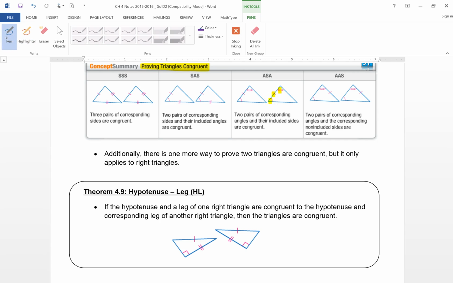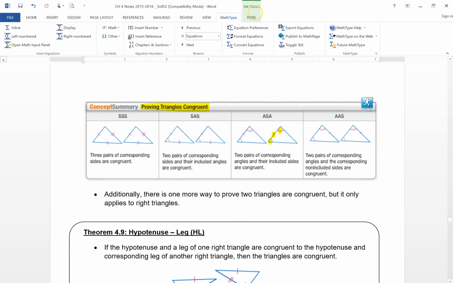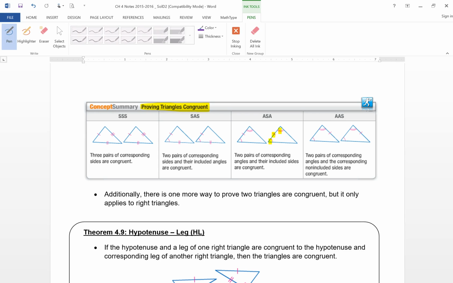So one thing to remember is that these 4 can be applied to any triangle, okay? Whether it's acute, obtuse, right, equilateral, scalene, you name it, all of these 4 can be applied to all triangles.